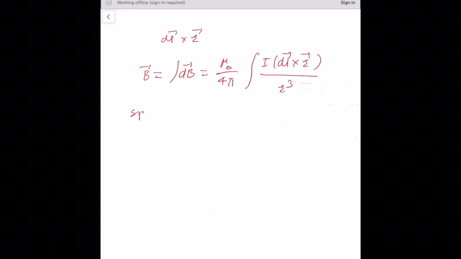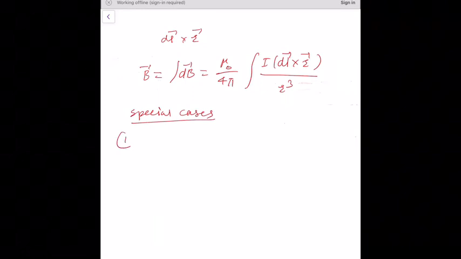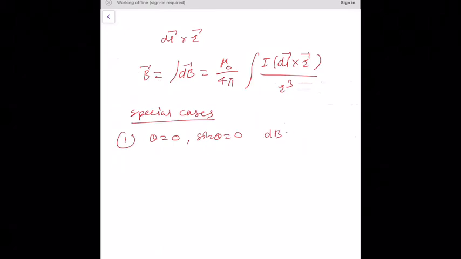Special cases: first, if theta equal to 0 degree, so sin theta equal to 0, so that dB is equal to 0.